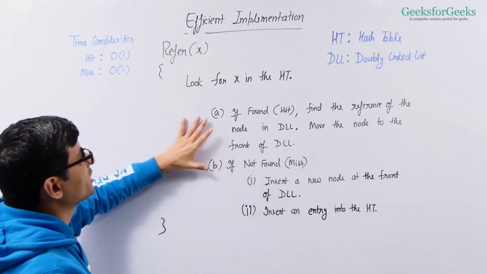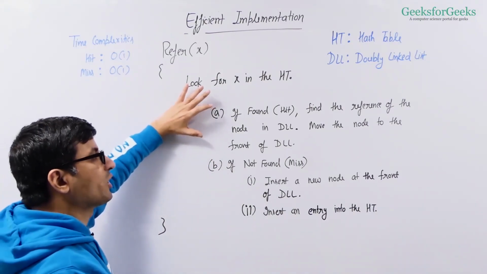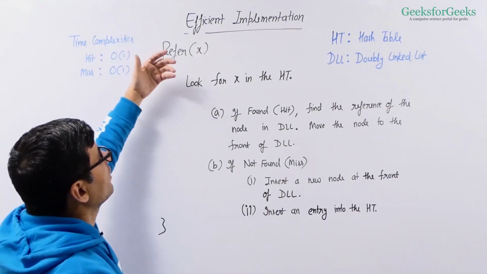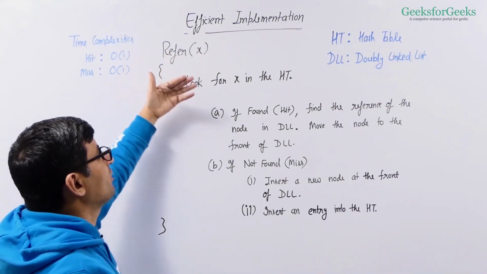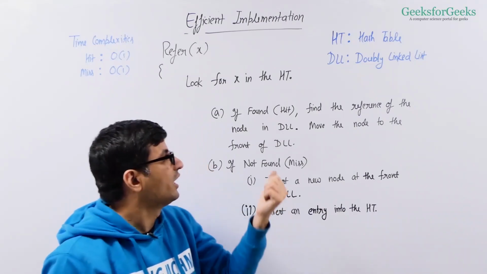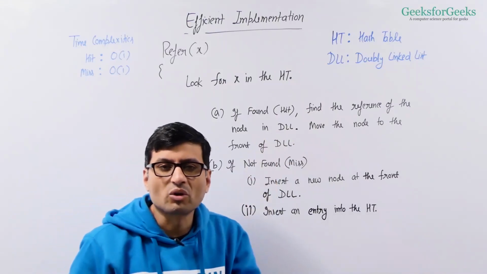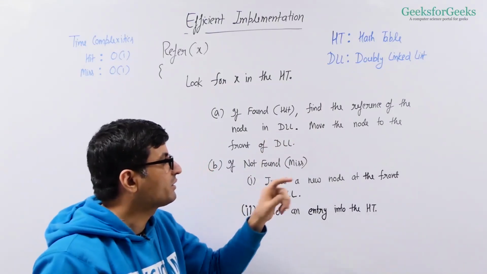Now, what are the time complexities in the cases when we have a hit and when we have a miss? When you have a hit, first of all, to look for X in the hash table, we are doing big O of 1 work because we are looking up into a hash table. Then we find the reference, which is again a lookup into the hash table, big O of 1.